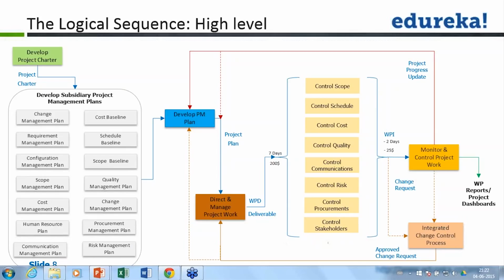Let me give you another example. The client has outsourced business planning work to a third party, a consulting firm. For them it will become a project. Now the duration of that project is 30 days.